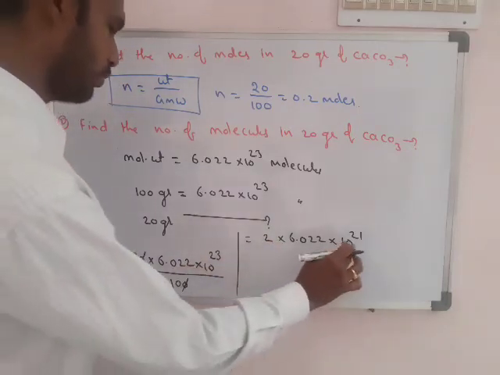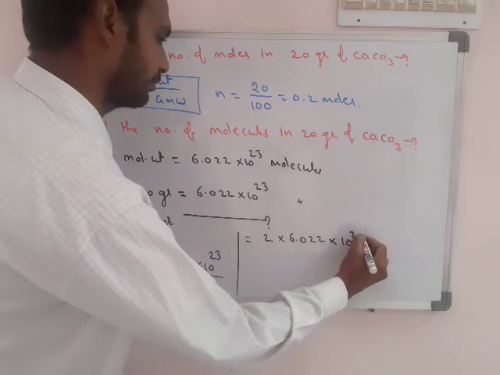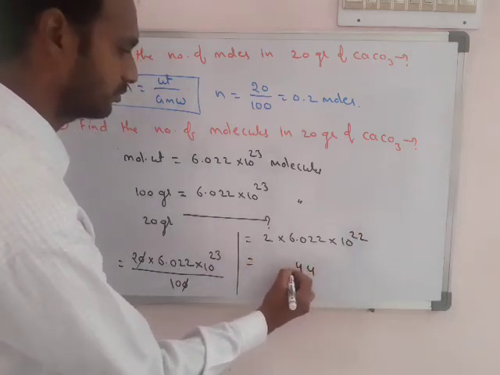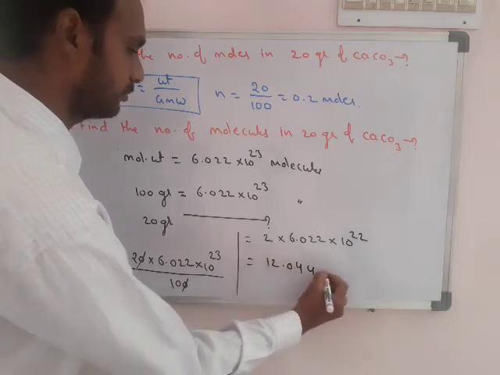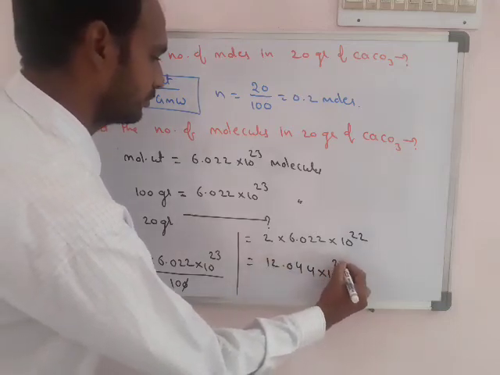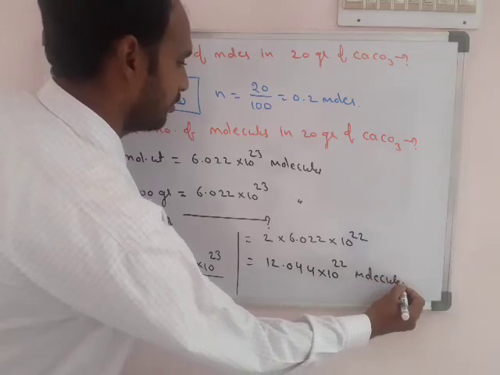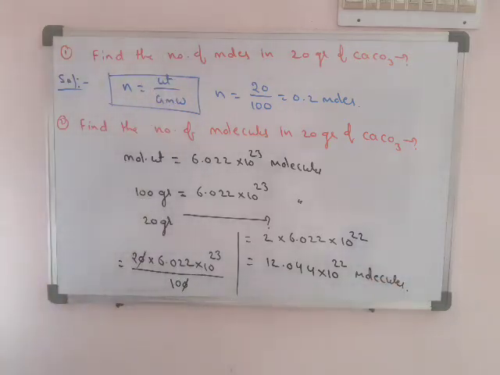So 10 power 22. So then 10 power 22 molecules of calcium carbonate.